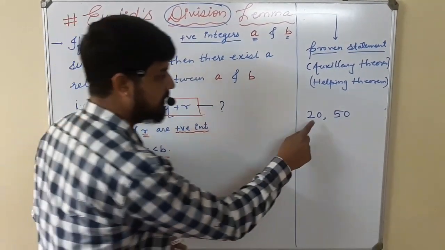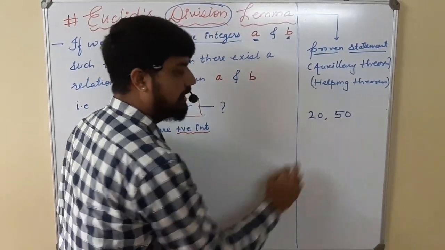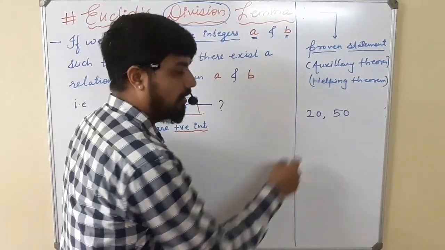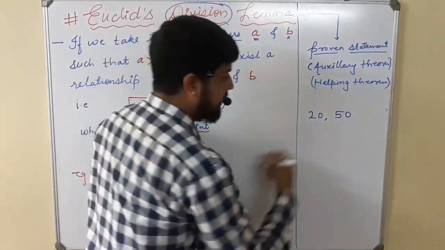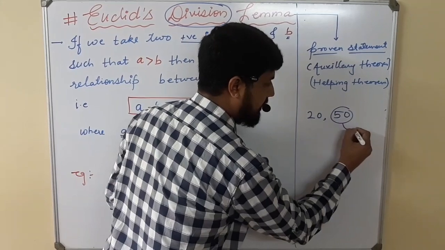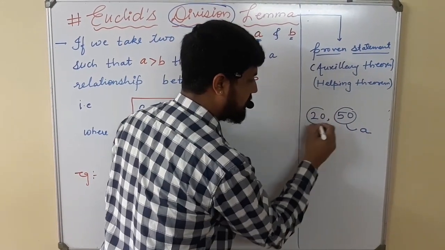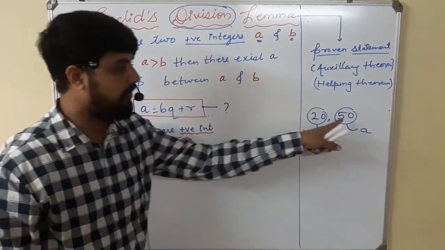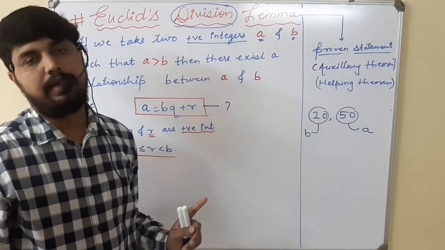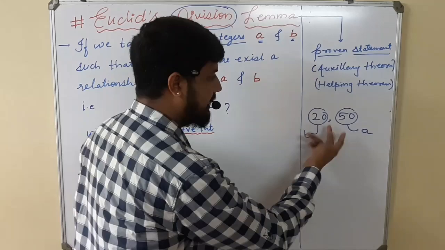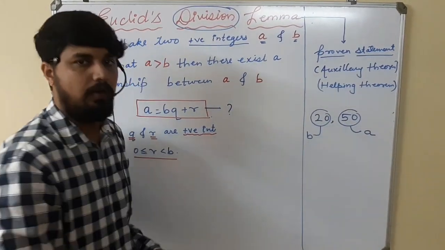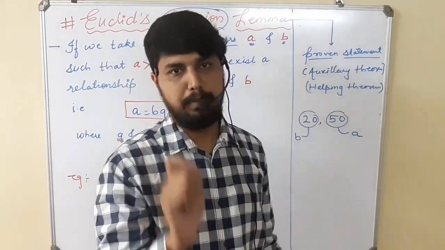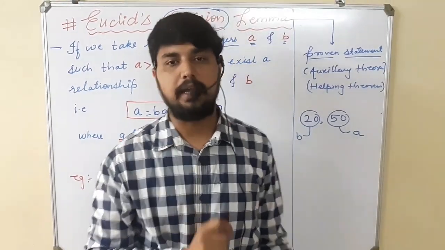Out of these two values, whichever integer is bigger becomes a. So here 50 is a and 20 is b. You may write it as 50, 20 also. Always remember the integer which is bigger is always taken as a.